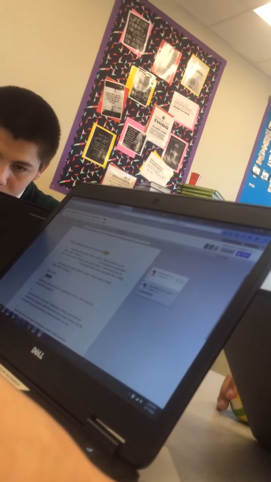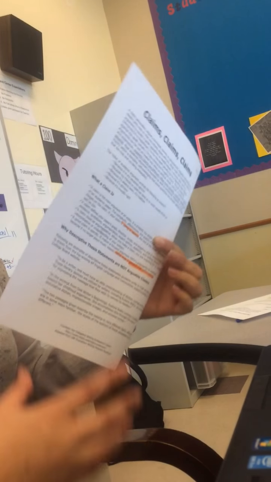Okay, and so what I did is I did the same thing you guys did, and I read the article and I highlighted 2 pieces of evidence that I want to put in there. So the first one I want to put in there to describe what is not a good claim is that your claim, if it's boring or obvious, it's not a good claim. So I'm highlighting this and I'm gonna plug it in.